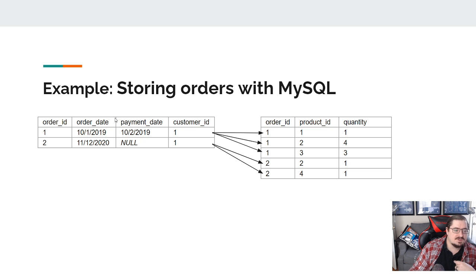So I can use an index to speed it up from this side. Let's say, however, that I don't have an index. How do I find the orders that have customer ID 5? Well, I have to look at all of those rows, so I'm looking at 1 million rows.